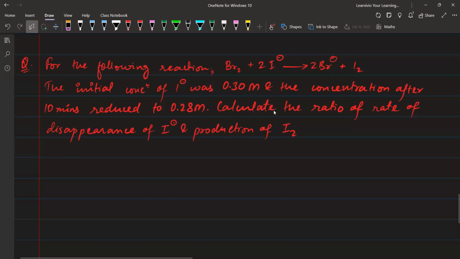So in this question you have to calculate the rate of disappearance of I negative and the rate of production of I2, and then just make a ratio. That's just one added step. The thing to notice here is that you have not been given the rate of formation or consumption. You have been given the initial concentration, which was reduced to 0.28 in 10 minutes. So you have the initial and final concentration and the delta T, that is the change in time.